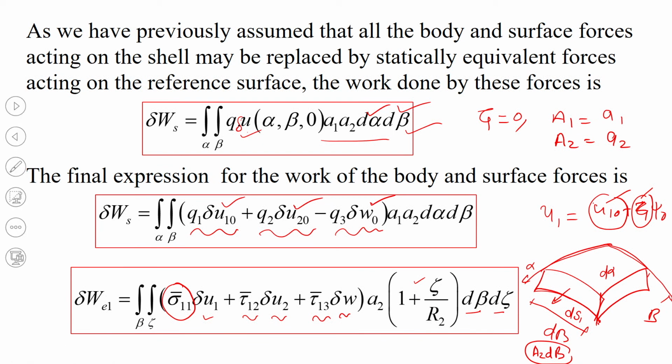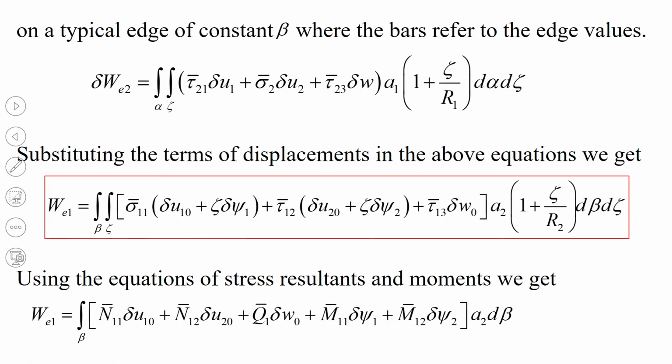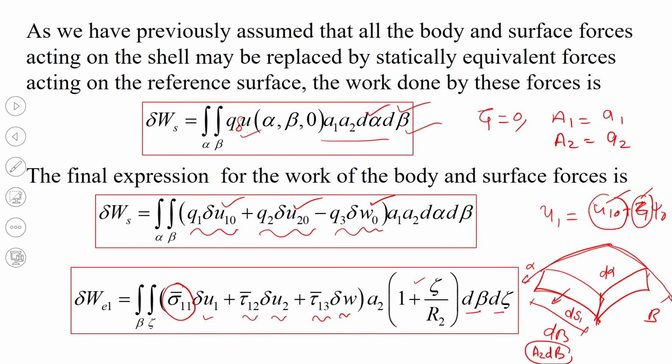So, we can use that concept of integration, and before proceeding further, let us define the work done by edge 2 over this edge. So, this is d alpha and d zeta, basically A1 d alpha and d zeta surface.